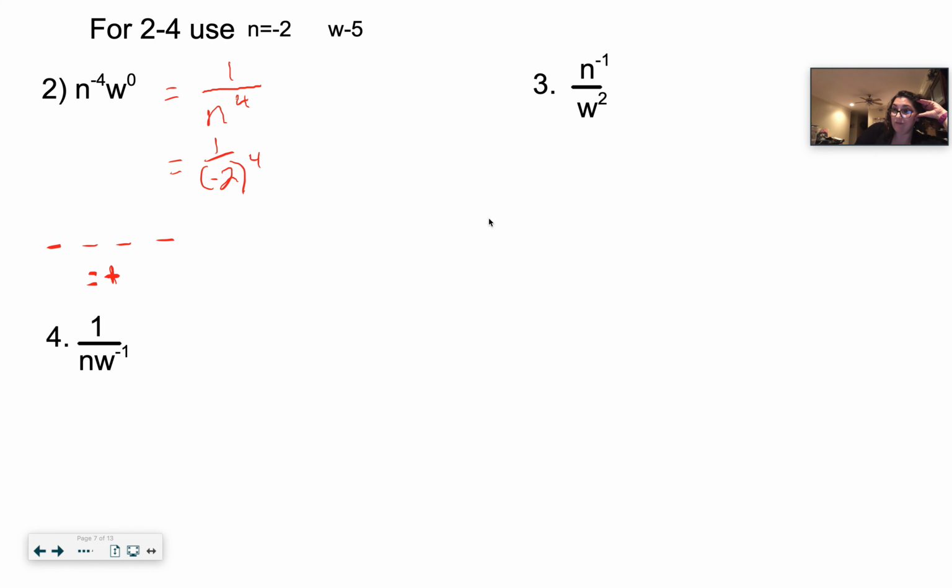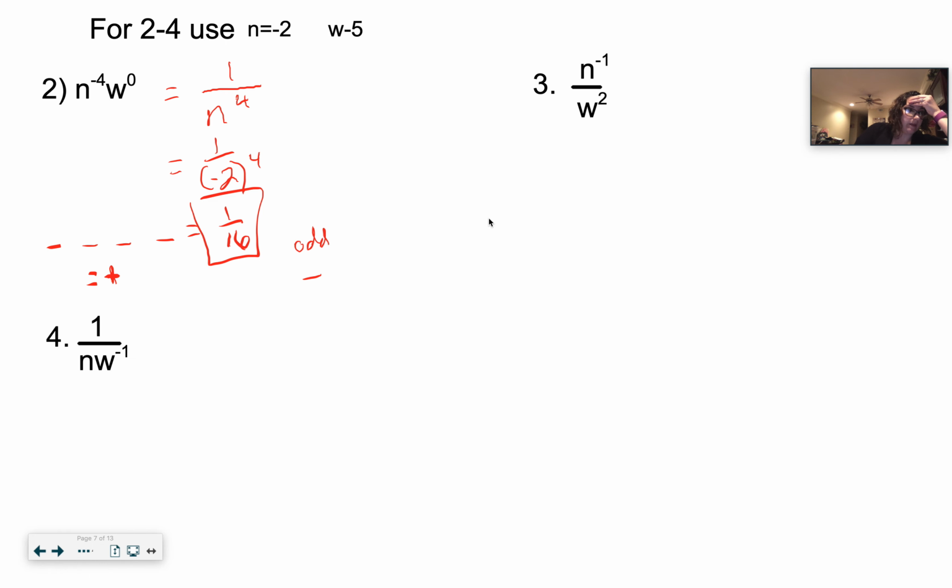So remember, even exponents, you have a positive answer. Odd exponents, when it's negative, you are going to have a negative answer. Okay? So 2 times 2 is 4. So another 2 times 2 is 4. So 4 times 4 is 16. So this would be 1 over 16 would be my answer.